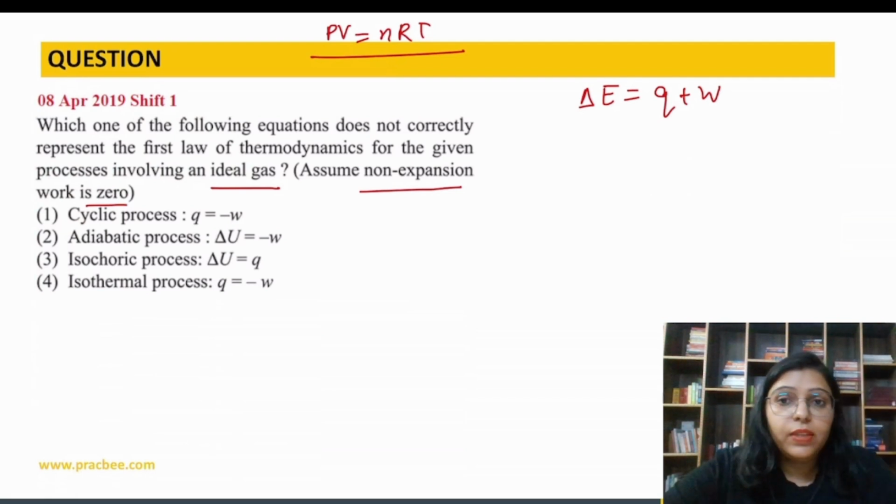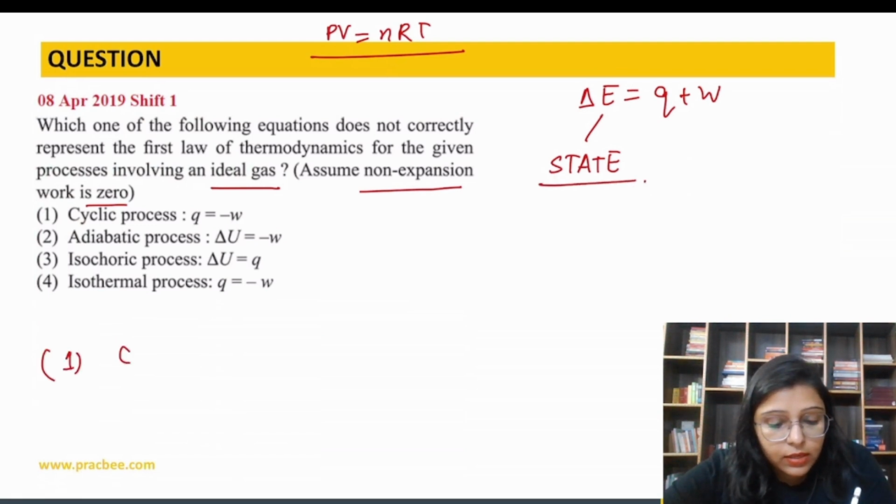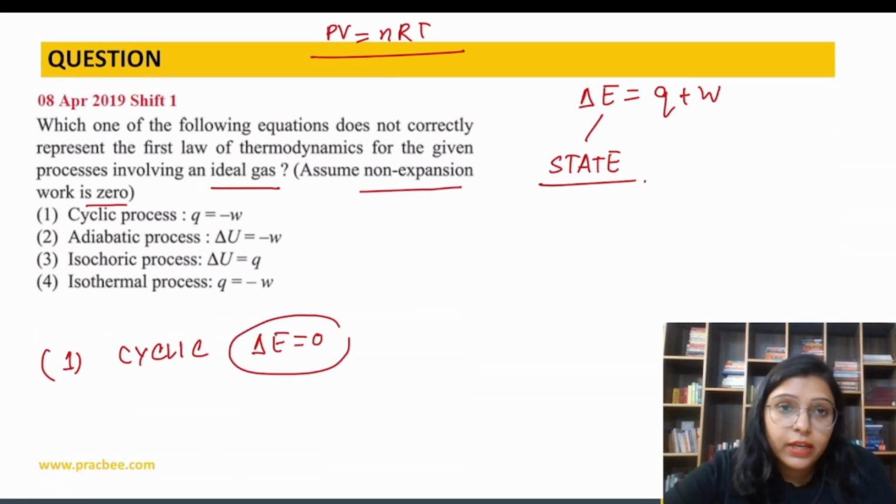So now see, if it is a cyclic process, internal energy is a state function. It means it depends on the initial and final position. So if we have a cyclic process, the initial and final position is the same, so we can say delta internal energy is equal to 0. So if internal energy change is equal to 0, what we can say is Q is equal to minus W, right?